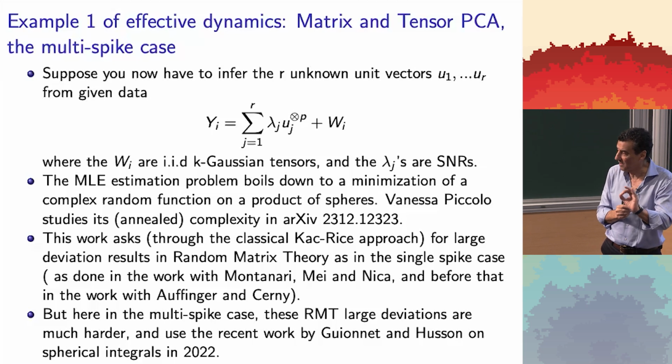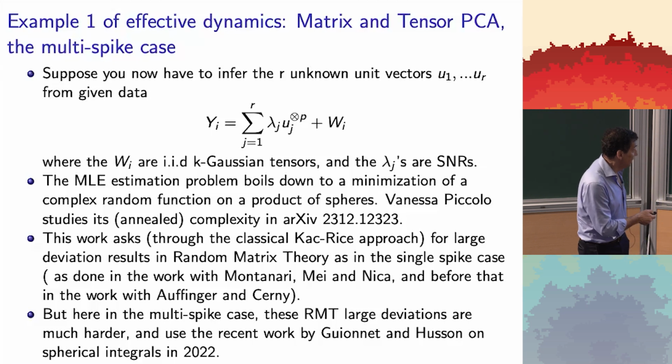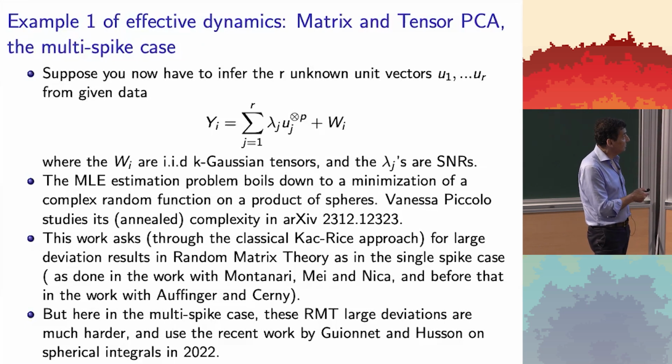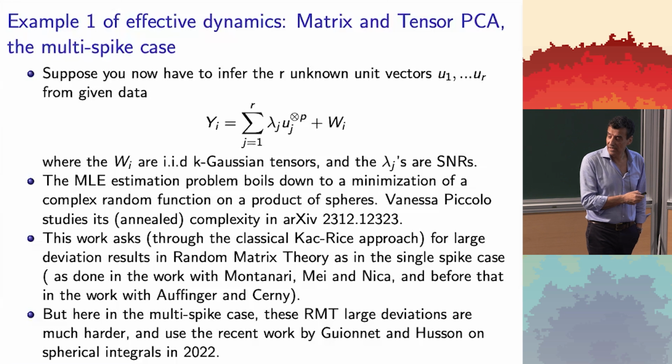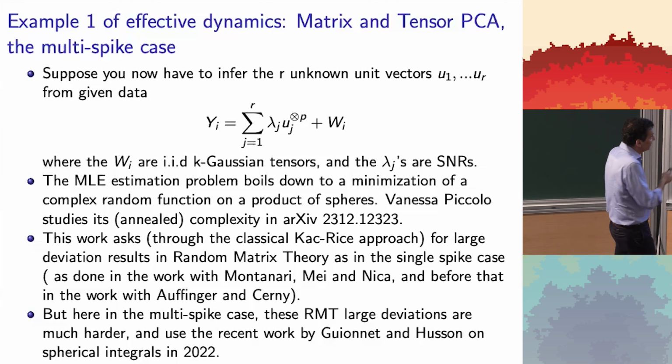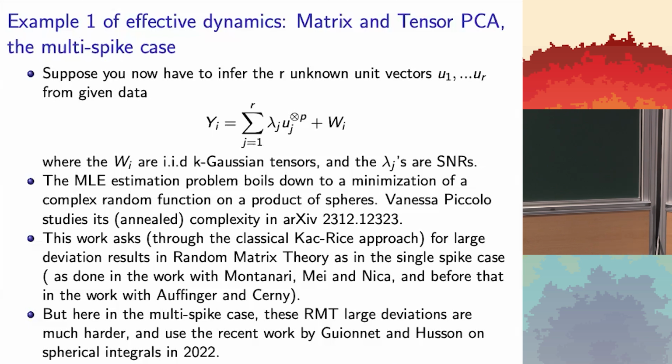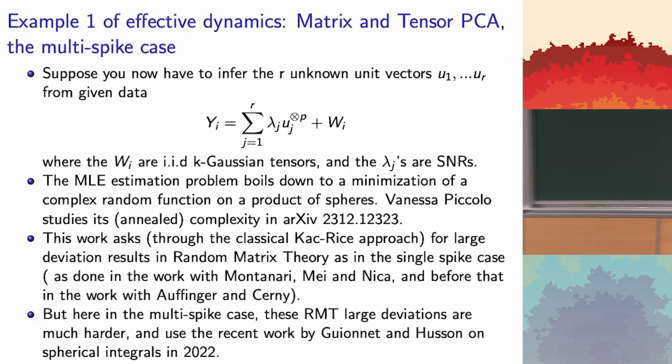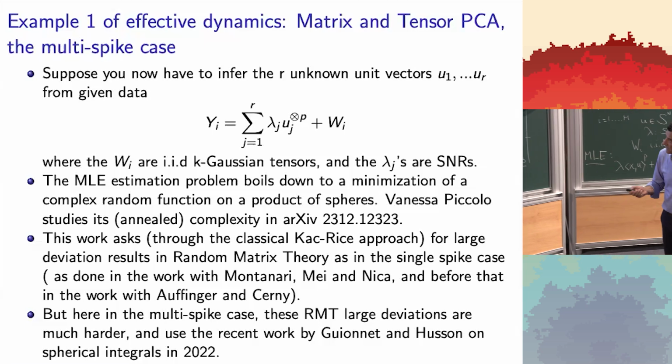That was the important thing, and we had done that a long time ago. But this one asked for very hard work by Alice Guillonnet and Husson. So this is a little heavy. It's cool if you like random matrices. It's seriously hard, but you cannot do that for every model because it becomes really difficult.